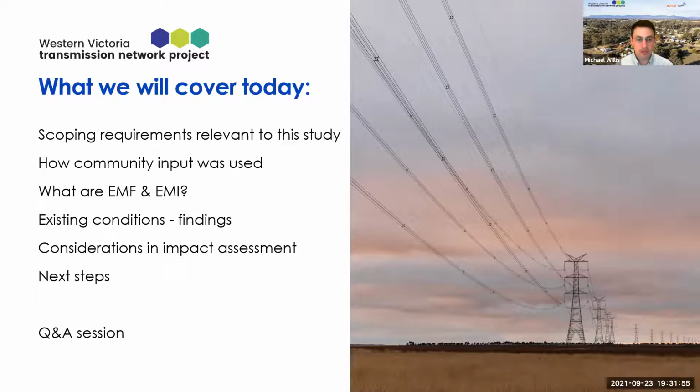We're also going to hear about the considerations that will be included in the impact assessment at the next phase, and the next steps. The format for tonight is about half the time to hear a presentation from our specialist, and the other half will allow for question and answer time.